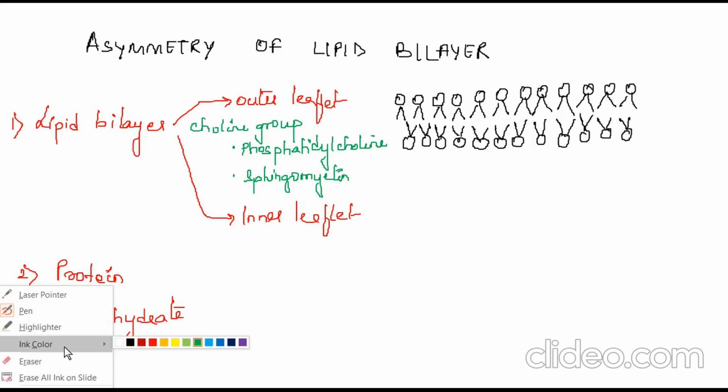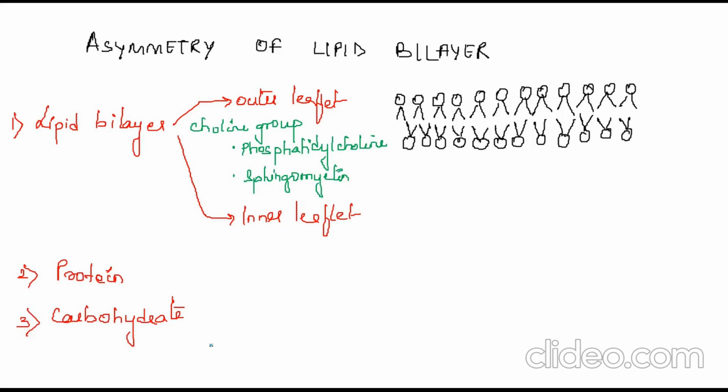And what about the inner leaflet? The inner leaflet has phospholipids with a primary amino group. So which phospholipids have the primary amino group?